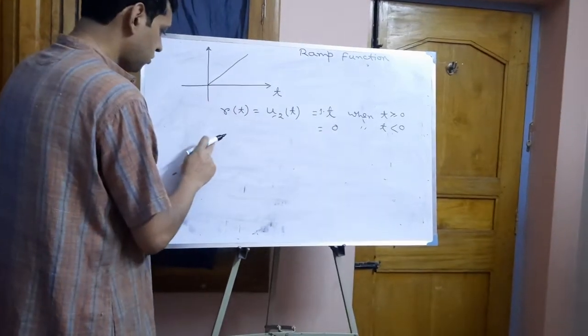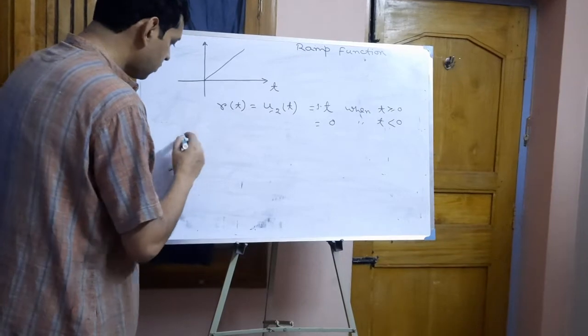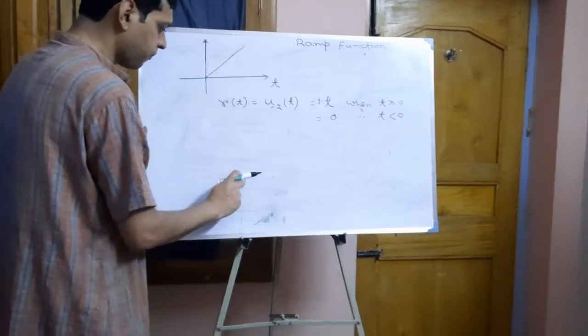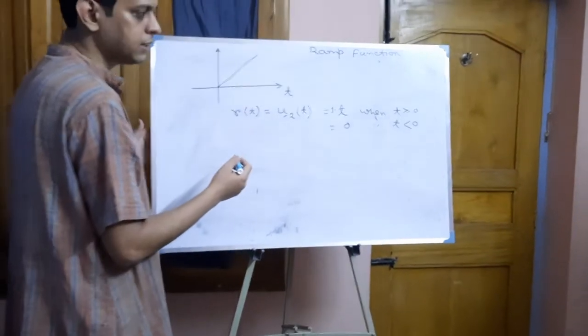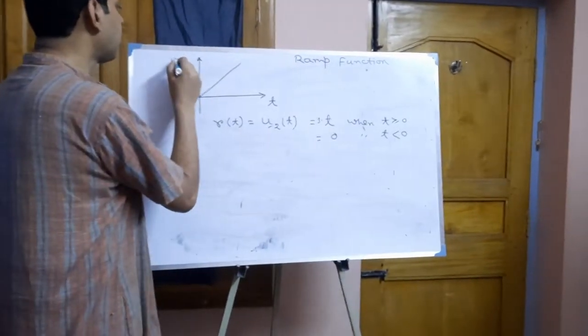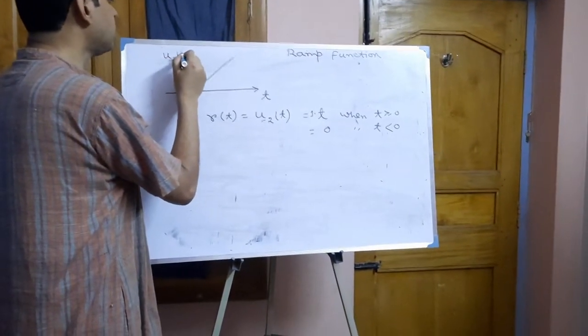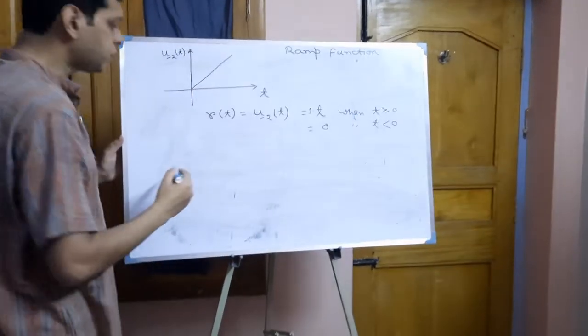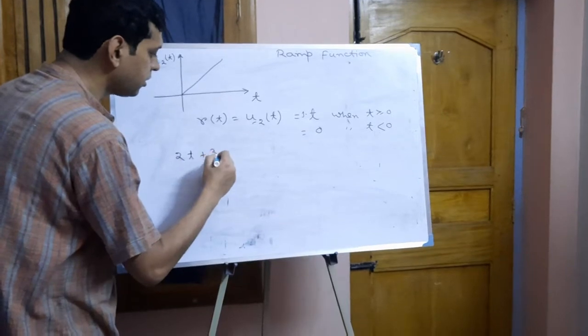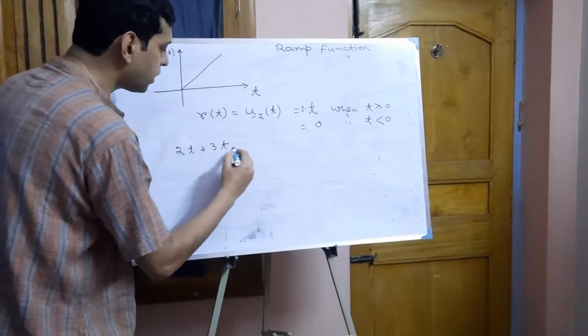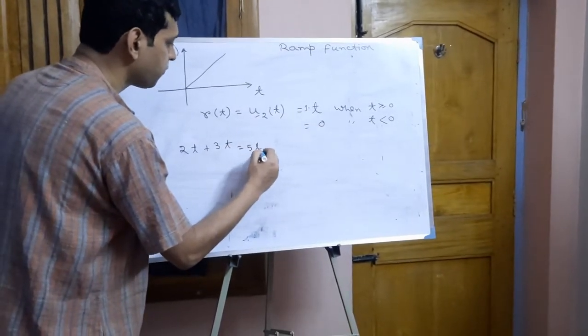Okay. Now let us carry out some mathematical operations on the ramp function u minus 2(t). Now say 2t plus 3t, this is equal to what? This is equal to 5t.